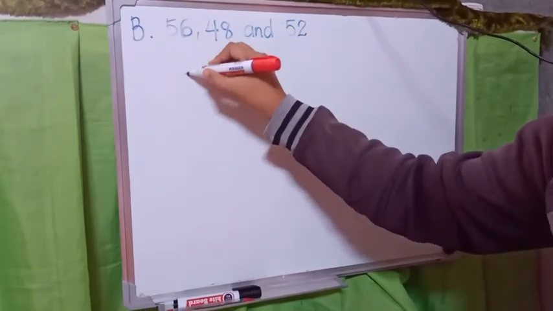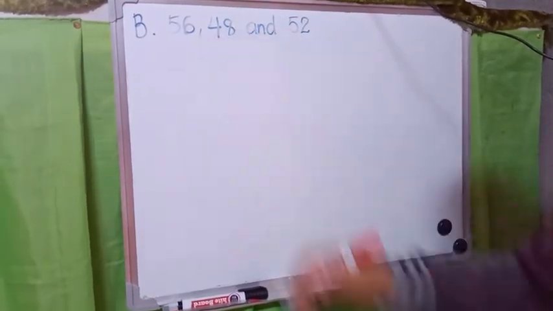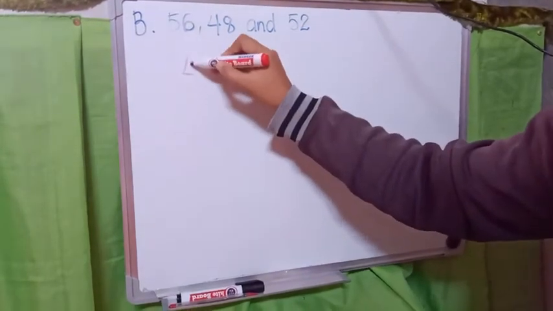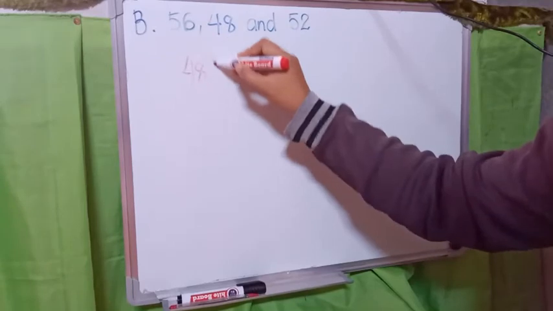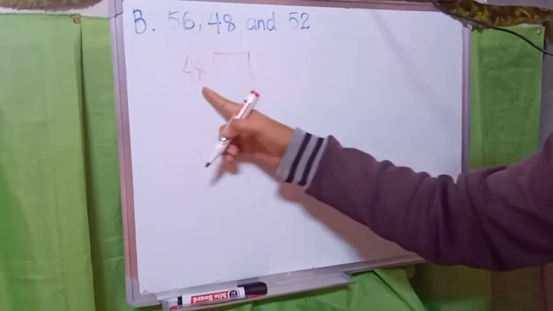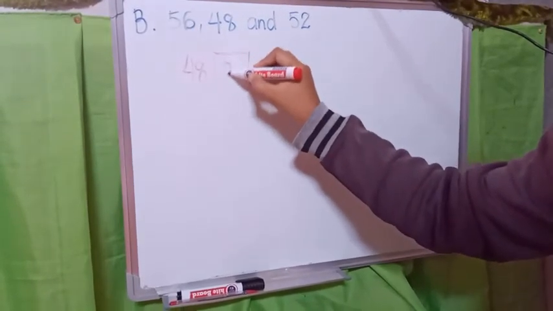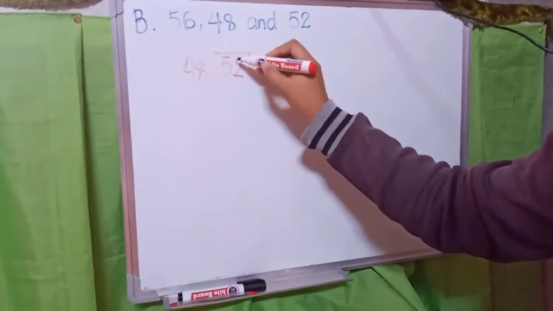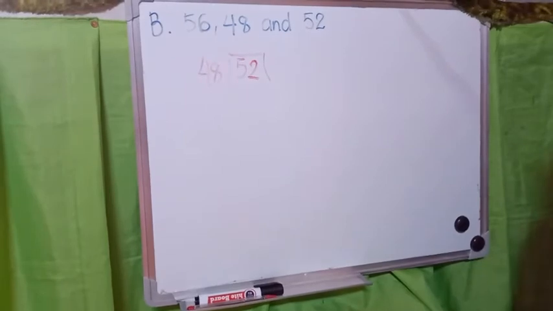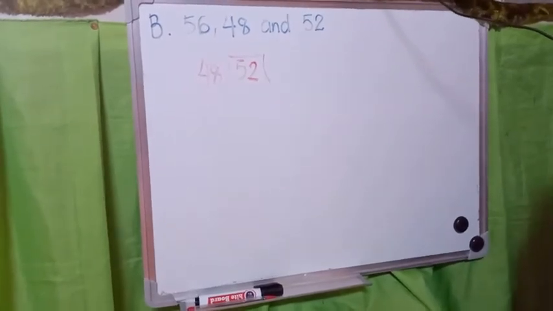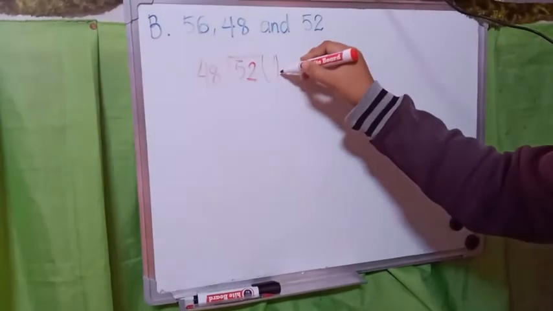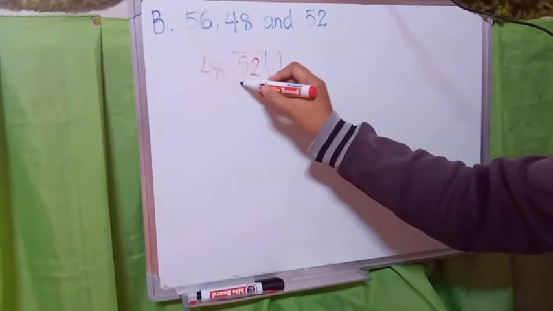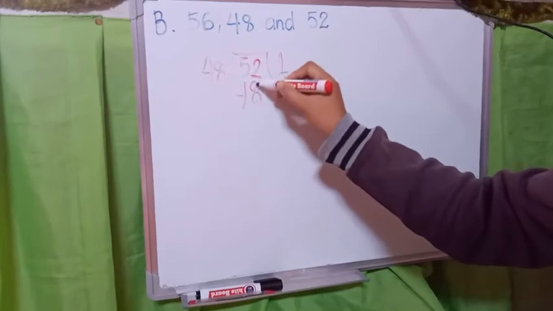So 48 is your divisor, your dividend would be 52. So 52 divided by 48, that is 1. Now 1 times 48 is 48.